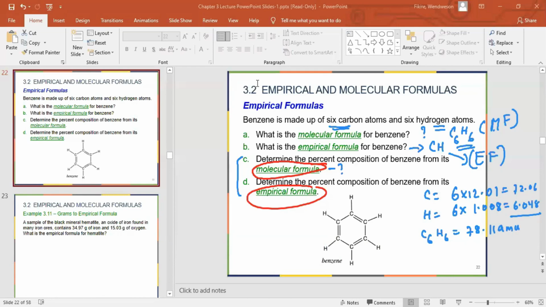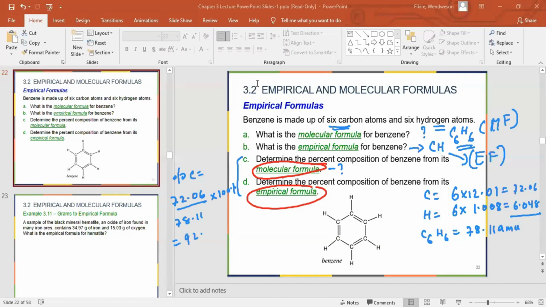Now the question is asking for the percent composition. For carbon, it's 72.06 divided by 78.11, which is 92.25%.